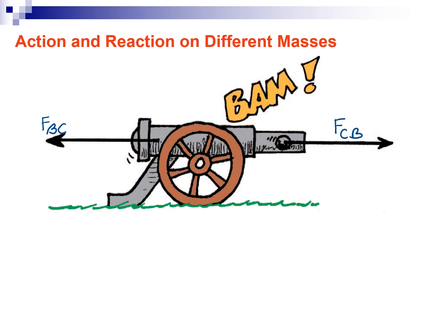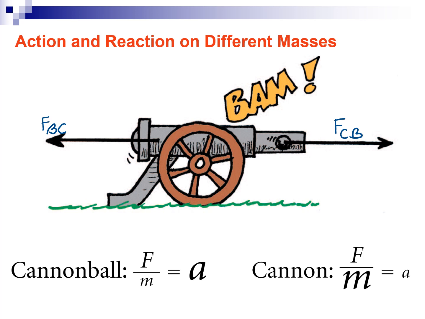Forces are the same, yet the resulting motion or acceleration is not. The same force exerted on a small mass, such as the cannonball, will create a larger acceleration compared to the same force acting on the much larger mass of the cannon.